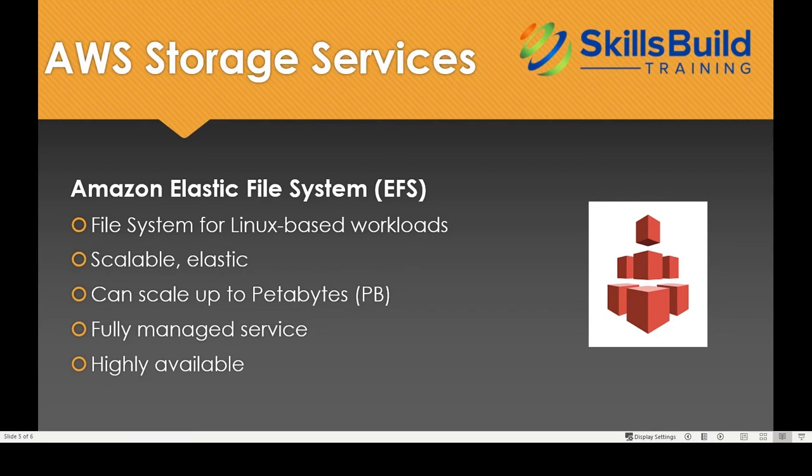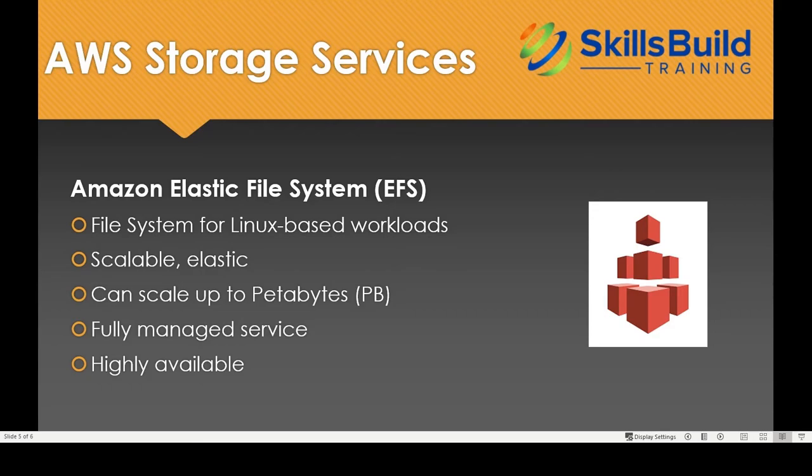It is designed to provide massively parallel shared access to thousands of Amazon EC2 instances, enabling your applications to achieve high levels of aggregate throughput and IOPS with consistent low latencies. Amazon EFS is of course a fully managed service that requires no changes to your existing applications and tools, providing access through a standard file system interface for seamless integration.